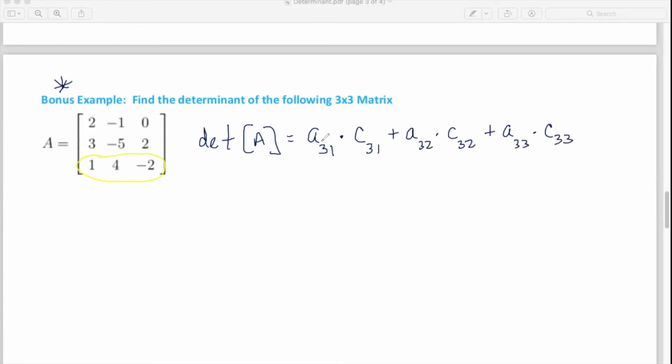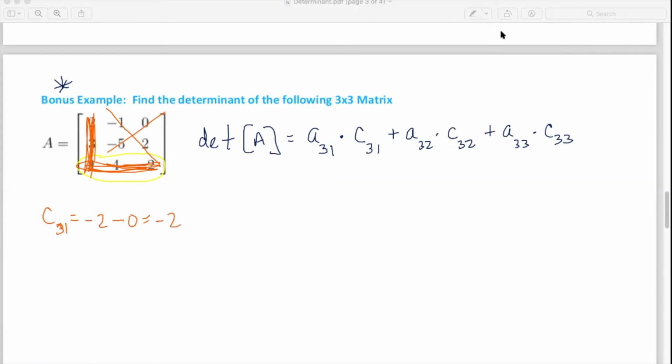Now, obviously the A values are staring us right in the face here, here, and here, but we have to do some side work to find the cofactors, which we'll do over here. We need to find the cofactor of 3, 1, which means that we will disregard row 3 and disregard column 1, and we will find the determinant of what's left, which would be -1 times 2 is -2, minus -5 times 0 is 0, so we get -2.